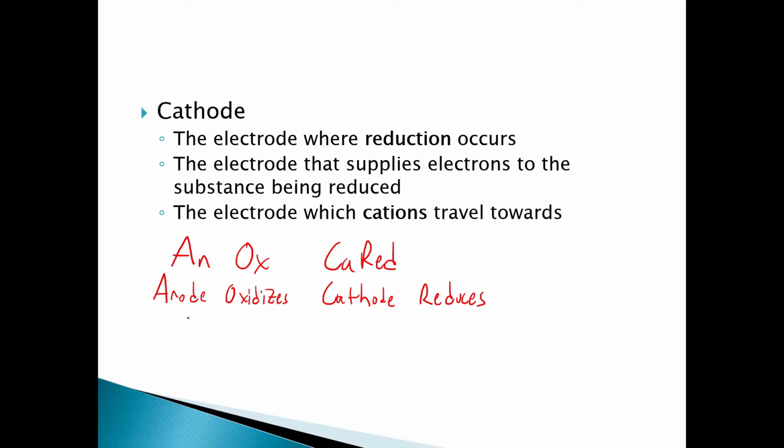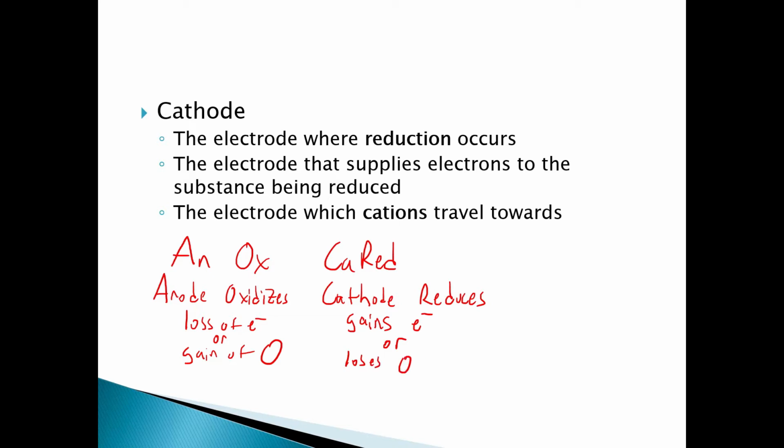Oxidation is loss of electrons, or sneaky trick, gain of oxygen, and reduction is a gain of electrons. So the cathode gains electrons, or it loses oxygen.